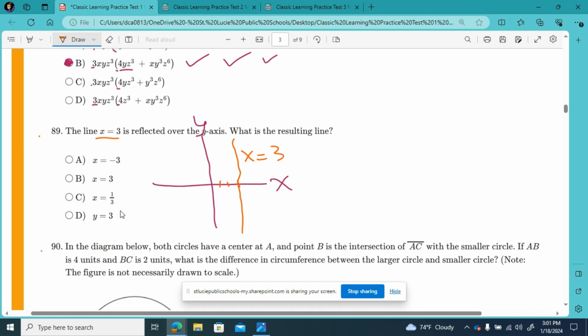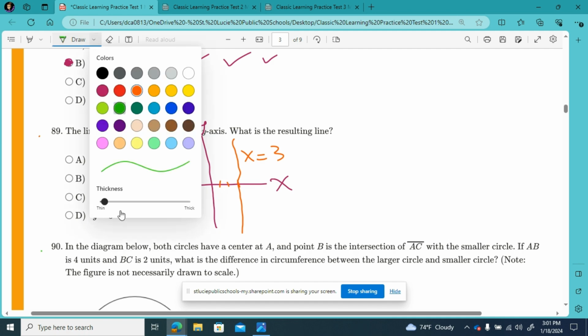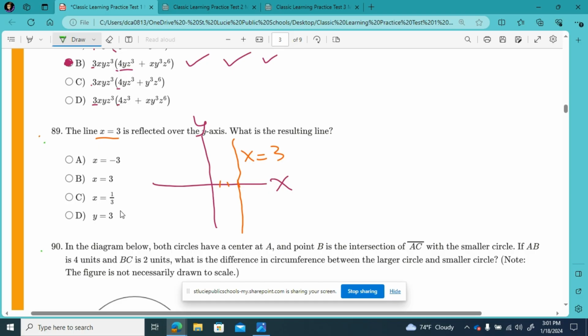And now it's saying that this is going to get reflected over the y-axis. So if this was a piece of paper instead of a computer screen, I could fold my piece of paper in half on the y-axis, and that would move the reflection of x equals 3 to about right here to be x equals negative 3. And that's our answer.